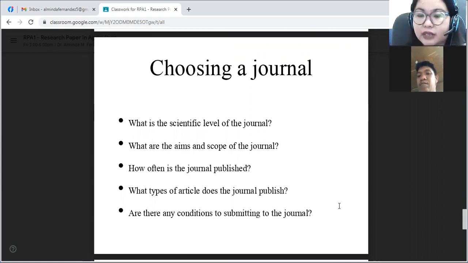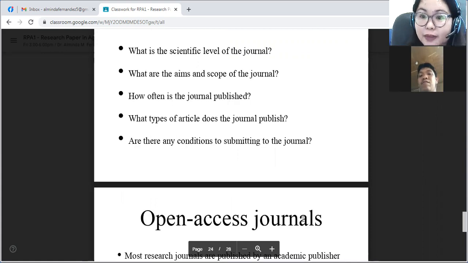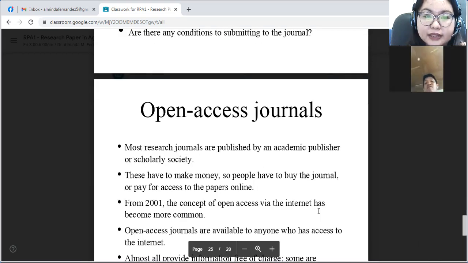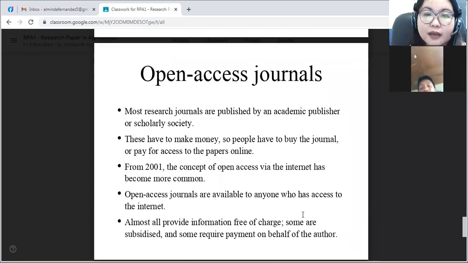Original research, newsletter, review paper, and so on. And what are the conditions? Usually there are charges, you pay a lot, or it needs to be open access, meaning everyone can read it for free. That's why there is a fee, because you are paying for the person who is going to read your journal.